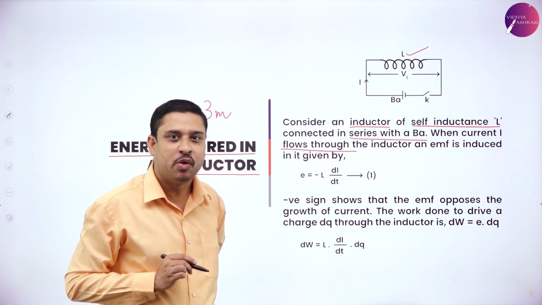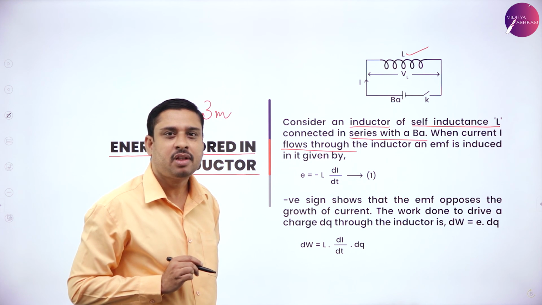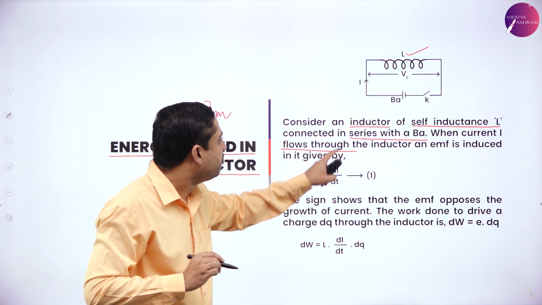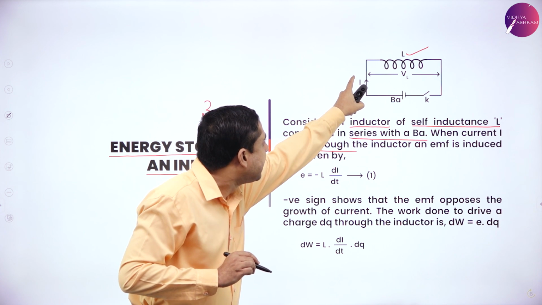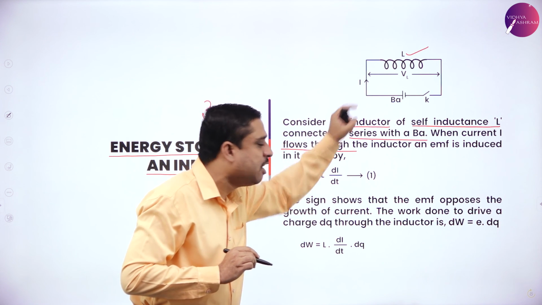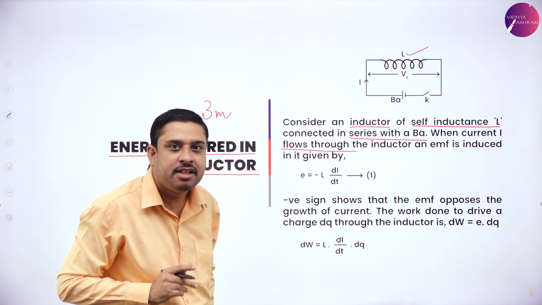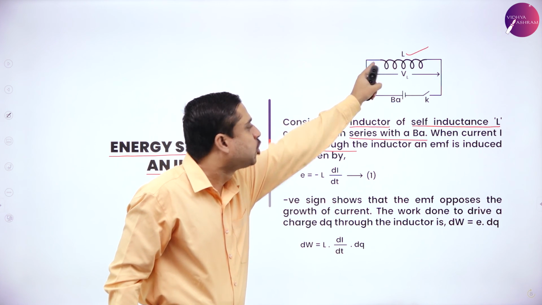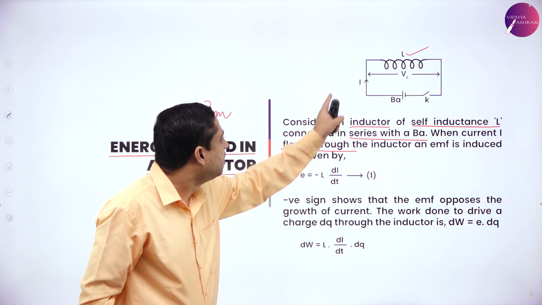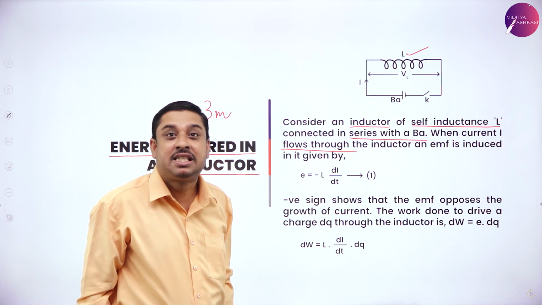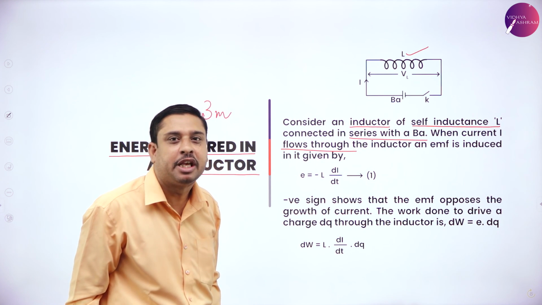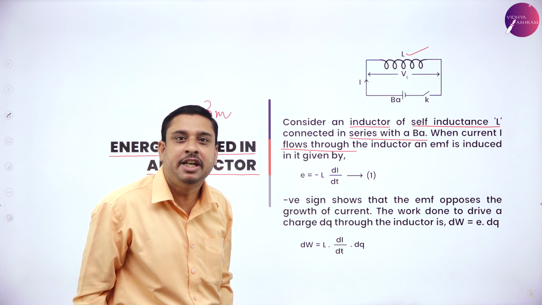So what is happening here? The battery is switched on, because of which current is flowing through the circuit and through that coil.